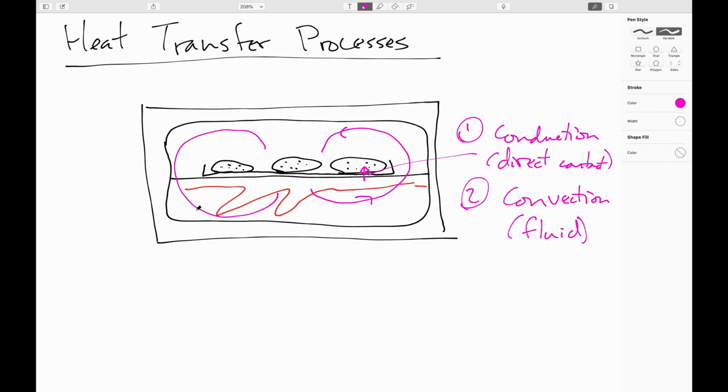So this is primarily responsible for heating the top sides of the cookie. But since it's less efficient than conduction, by the time the bottoms are crisped up, if you've done this right and followed your recipe correctly, the tops will still be nice and gooey and the chocolate will have just melted.